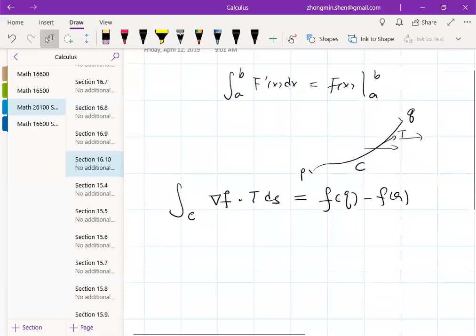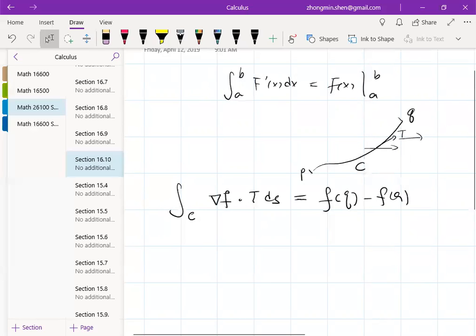This is still one dimension. So in the future, if you can figure out a vector field is conservative, then you have two options: either evaluate this line integral directly, or use this formula, which is much quicker, as long as you find the function.